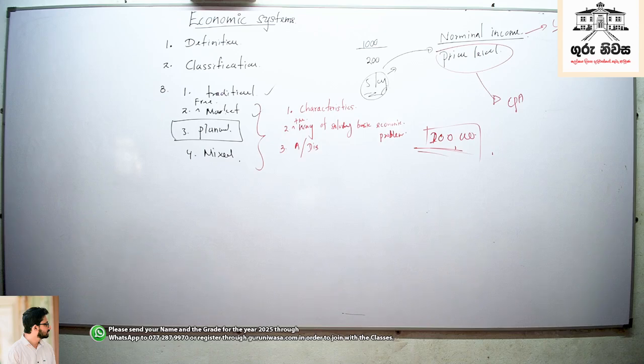In a command economic system, government involvement is higher than in a market economic system. Less government involvement, more government involvement. That's enough. Yeah, others are okay.